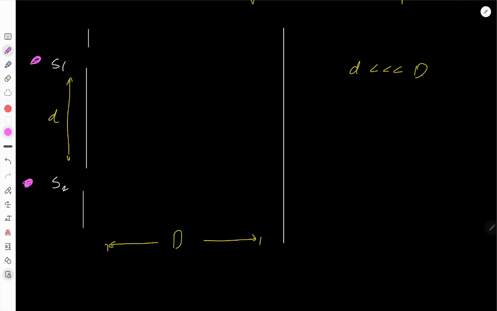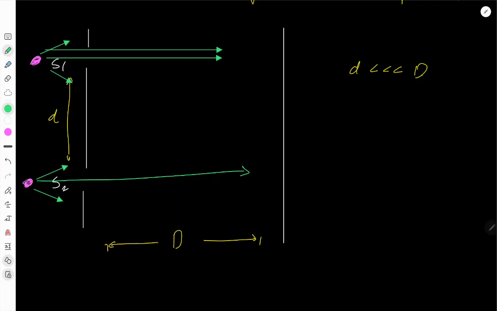So over here and over here. Now what Young said is that if light were like a ray passing through, then over here the light would collide and there would be no image on the screen, whilst light would go in a straight line over here, in a straight line over here, and in a straight line over here.